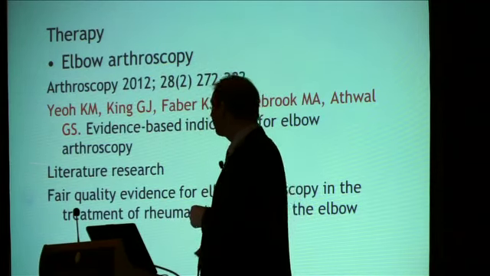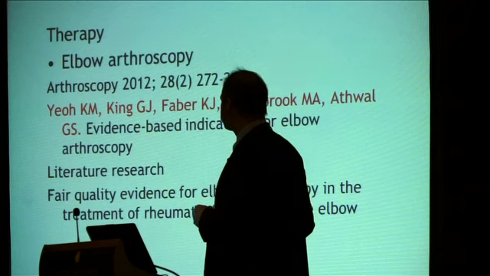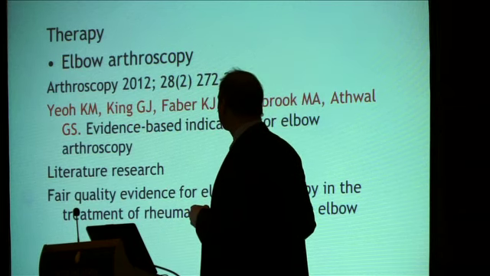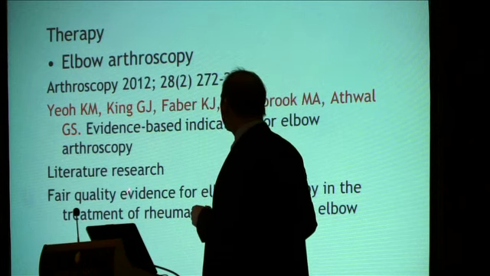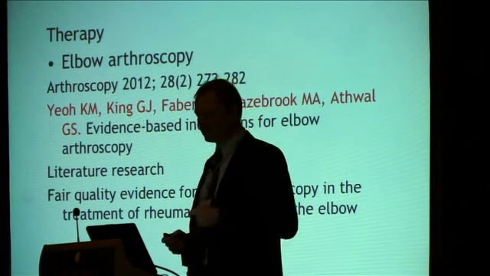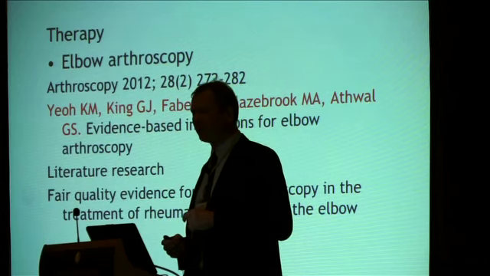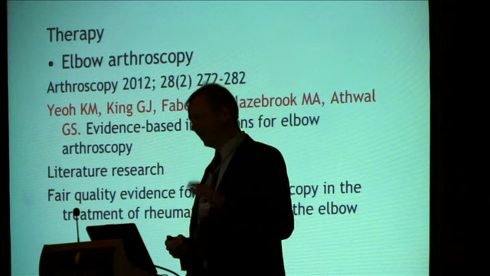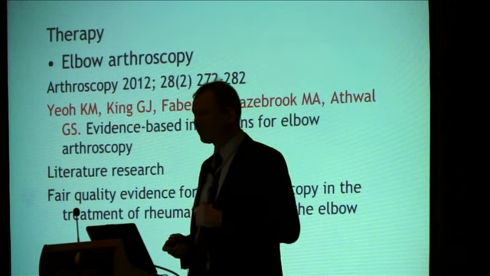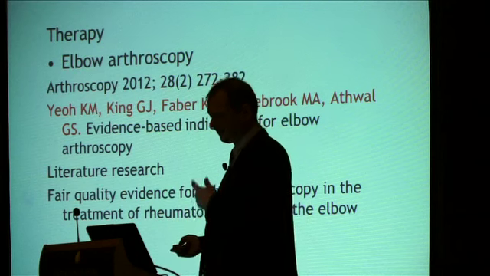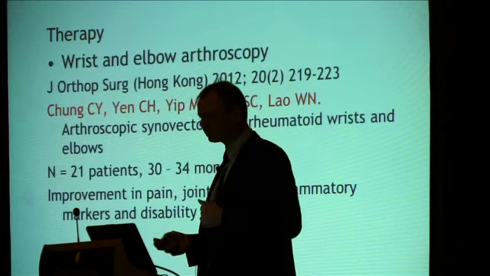They did a literature research about elbow arthroscopy in patients with RA. We do not have good evidence for arthroscopy of the elbow. The only evidence that we have is for the treatment of problems around the knee in these patients.